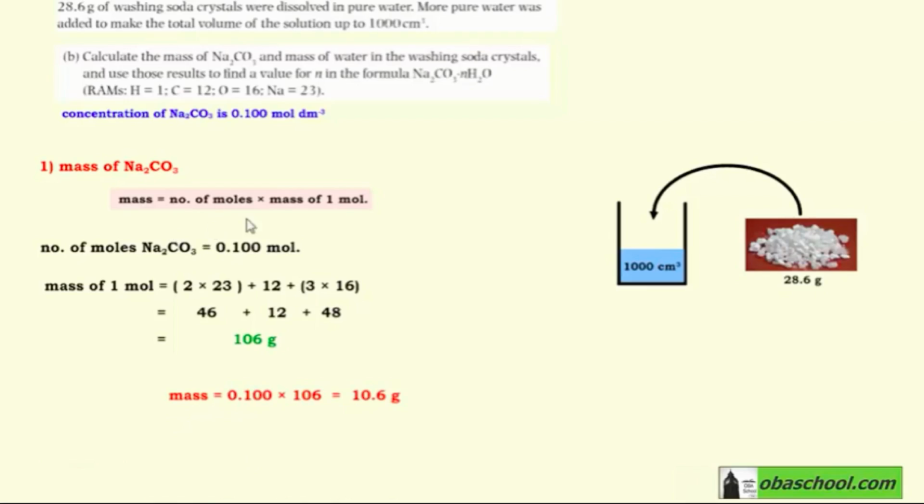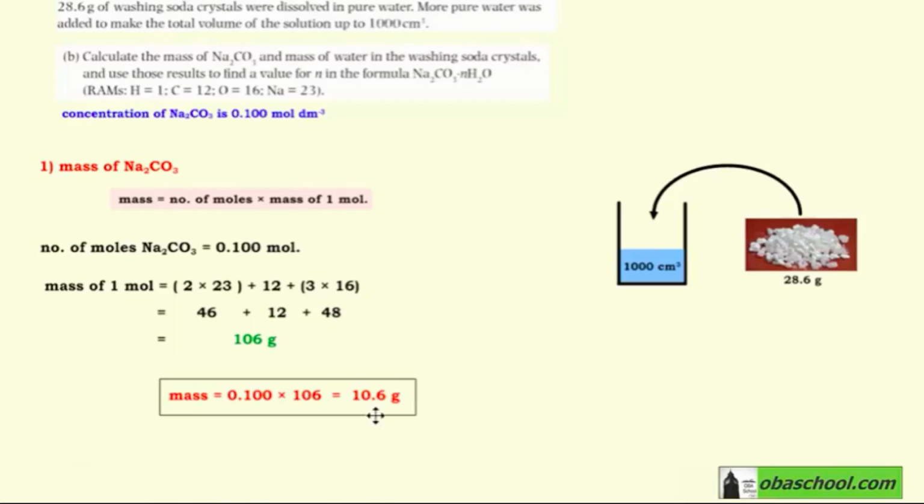It is 0.1, which is the number of moles, multiplied by the mass of 1 mole, which is 106 grams, equals 10.6 grams. So this is the mass of sodium carbonate in 28.6 grams of washing soda crystals. So in this way, we found the mass of sodium carbonate.